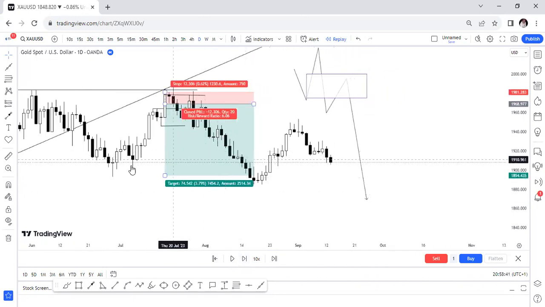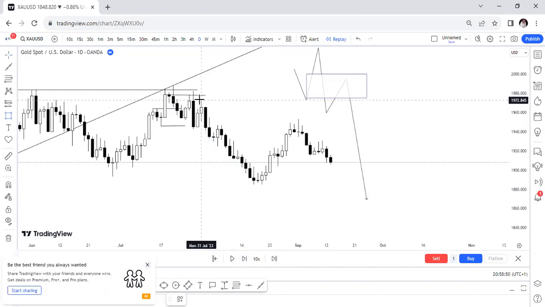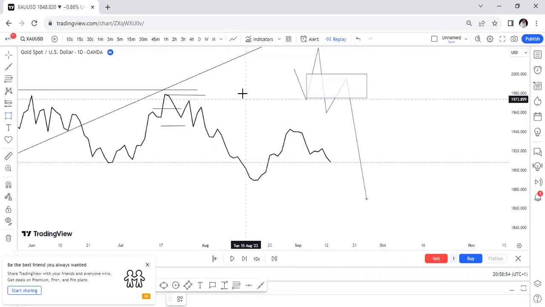But this is another engulfing that forms here. Then a kind of structure again, the regular type of trend line forms here too.